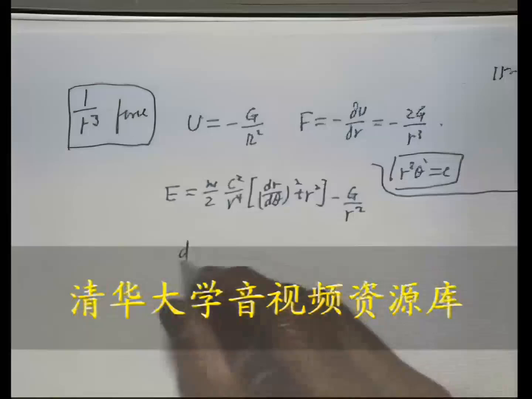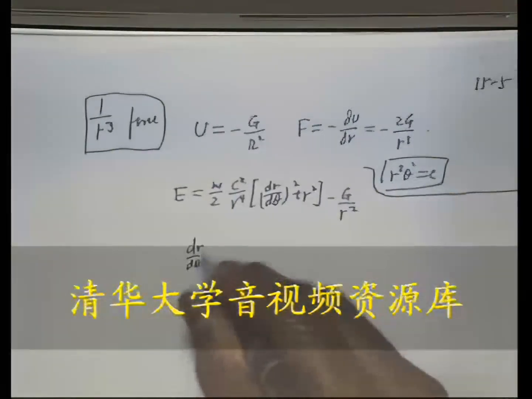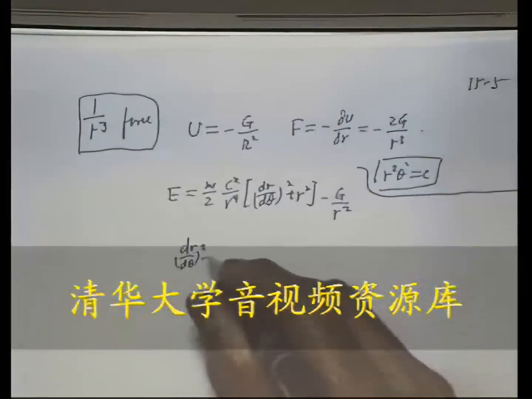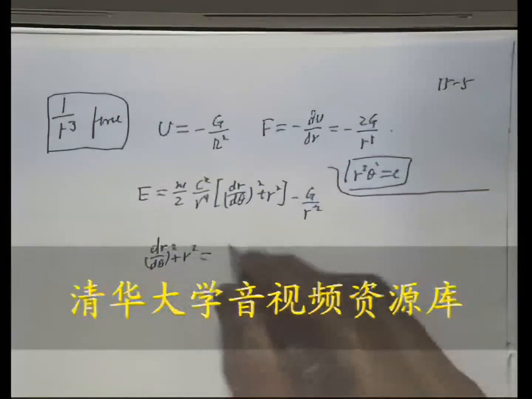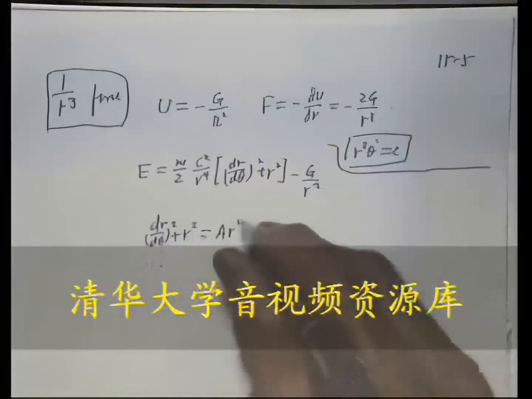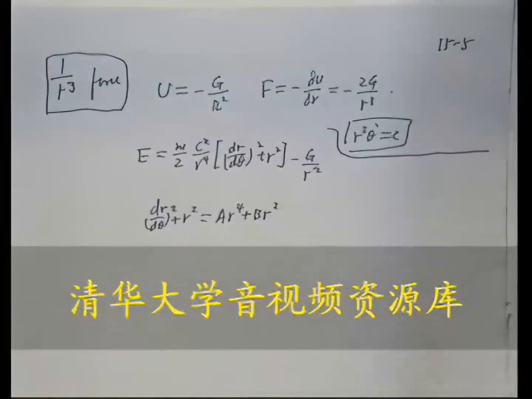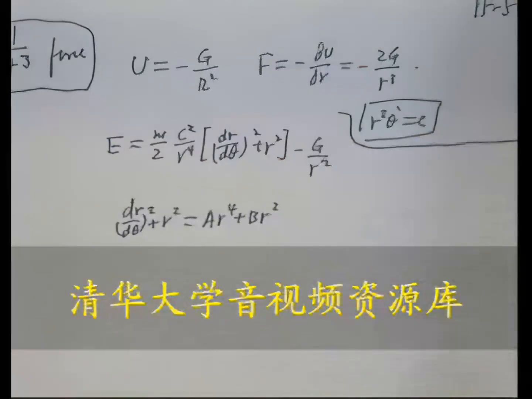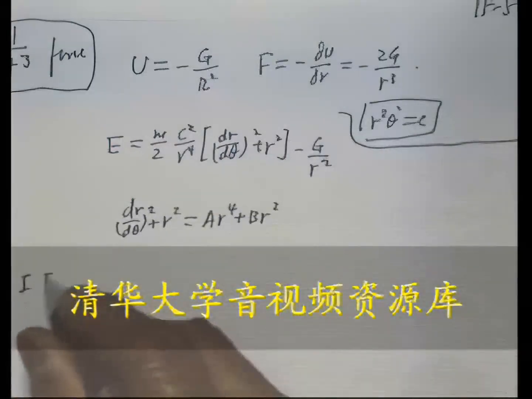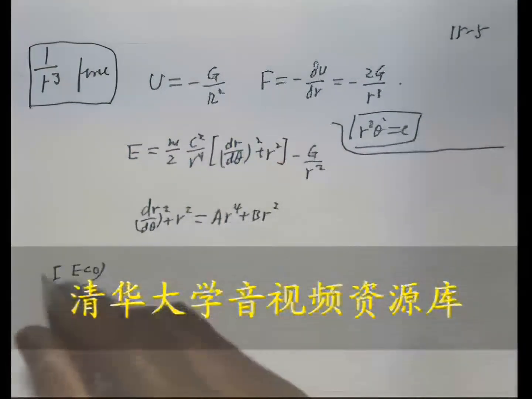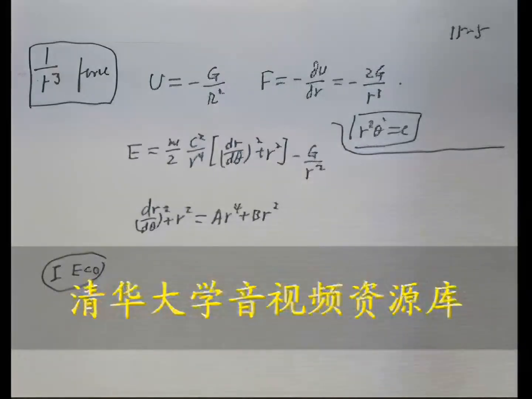So we get dr/dθ squared plus r squared equal to a r^4 plus b r squared. 现在我们要分成好几项，第一项是 E 小于 0。So the particle would not escape.